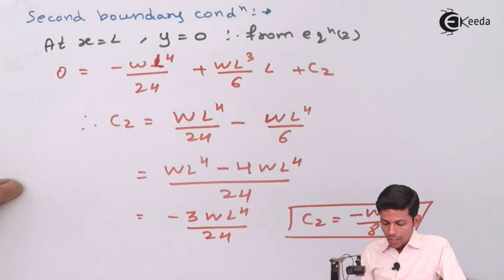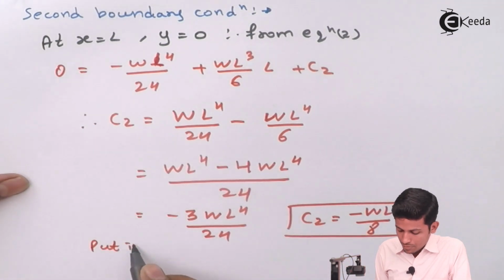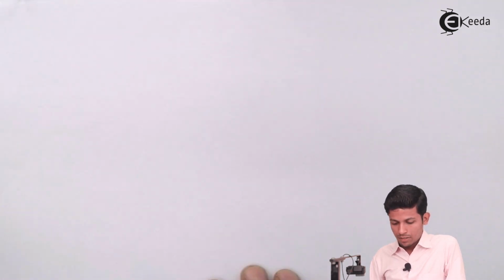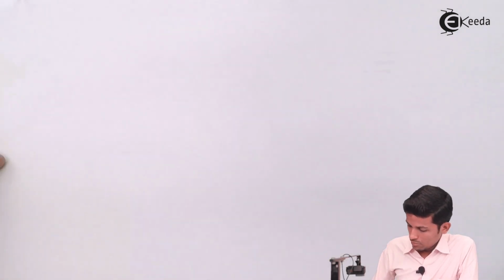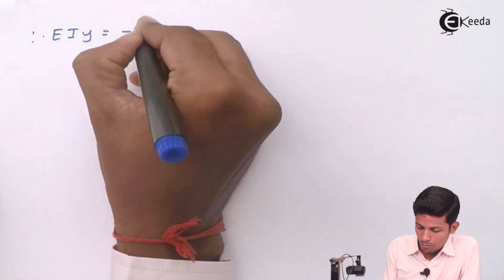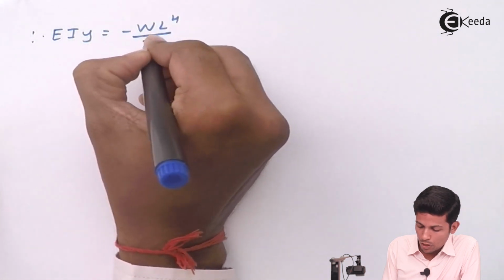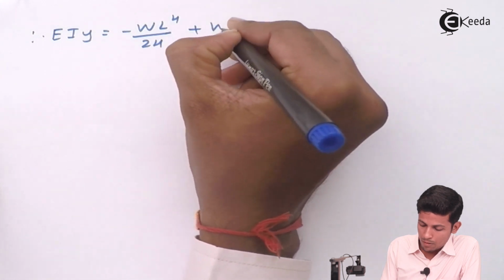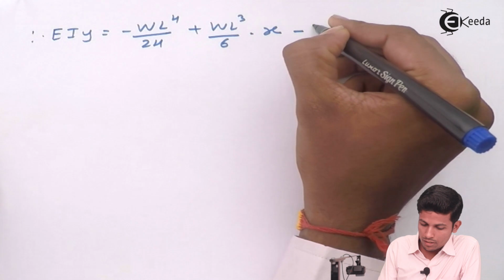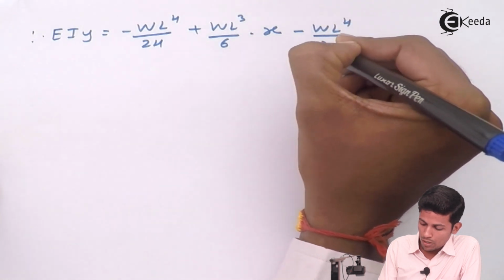Okay. Now put it in equation number 2. So we get EIY is equal to minus WL raised to 4 upon 24 plus WL raised to 3 upon 6 into X minus WL raised to 4 upon 8.